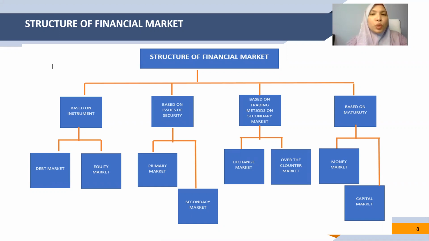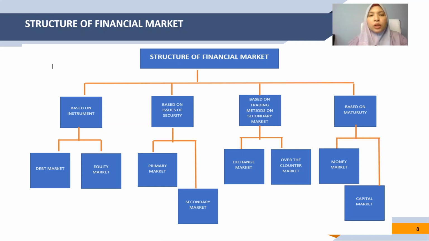And then we can also identify this financial market based on the issues of security. Securities will be issued in the primary market and also the secondary market. The primary market is basically a place where the first issuance of the shares, or the initial issuance of the instrument, happens. For example, the participant would be the banking sector who undergoes the underwriting process of issuing a share.